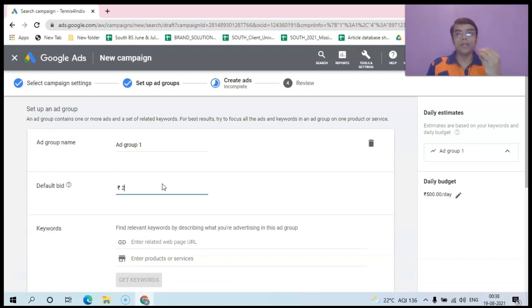You tell Google what one conversion means to you, and then it has to optimize according to the CPA that I am offering. Say if my target CPA is 40 rupees, I tell Google that 40 rupees is what you should optimize for and give me conversions. So yeah, that's about the different types of bidding.